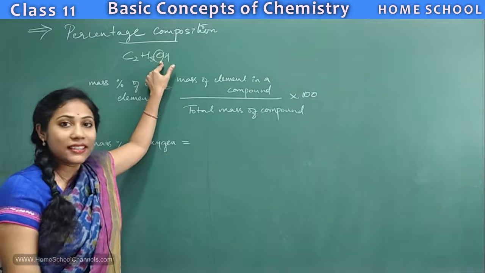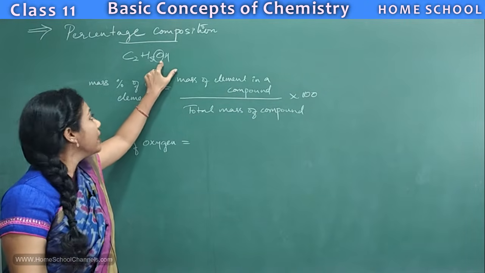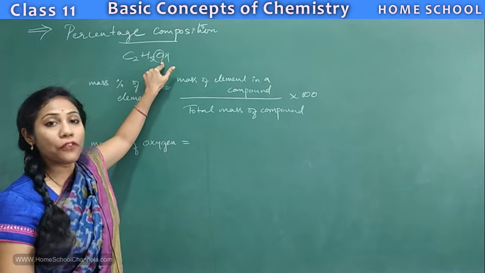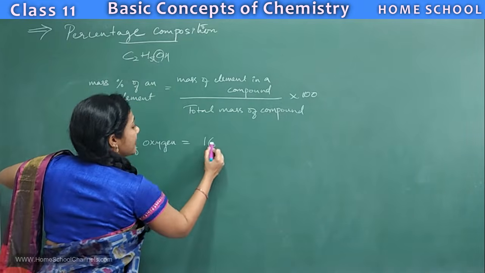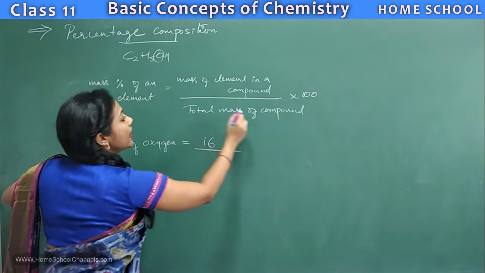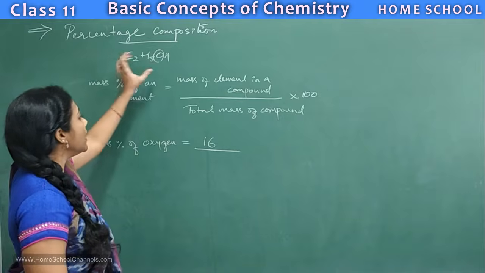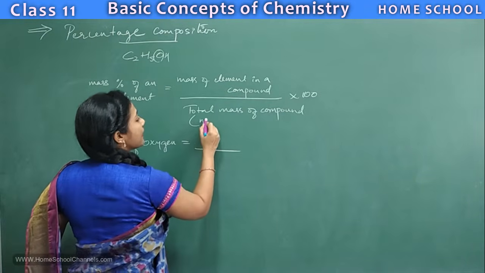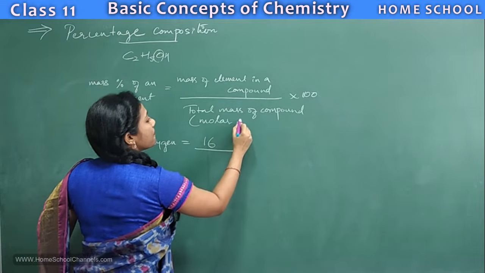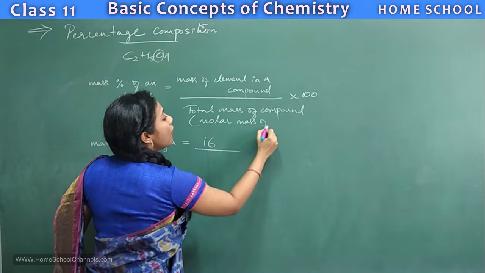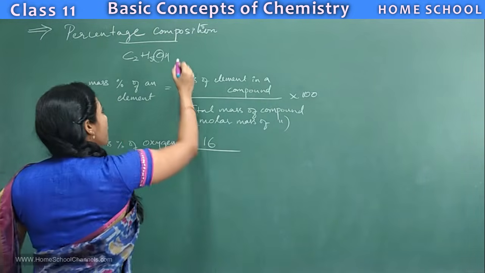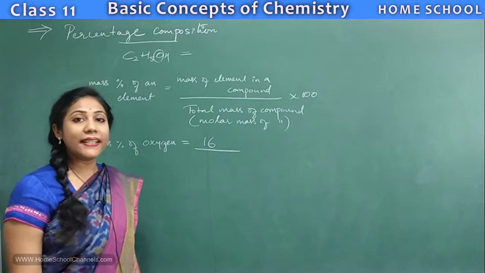Mass of the element is nothing but its atomic mass. Okay. So what is the atomic mass of oxygen? It is 16, divided by the total mass of the compound. The total mass of a compound is nothing but the molar mass of the compound. Okay, so first initially you need to calculate its molar mass.